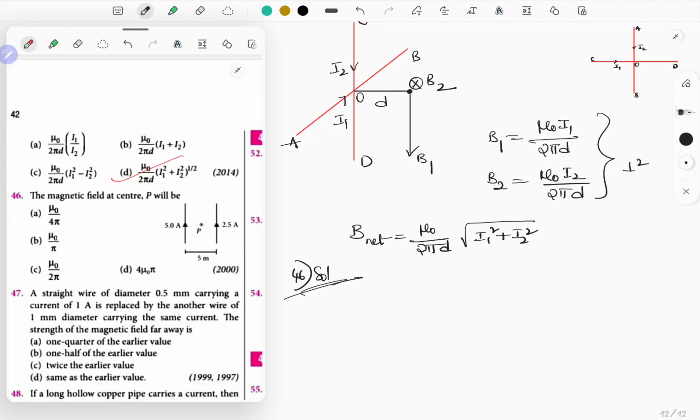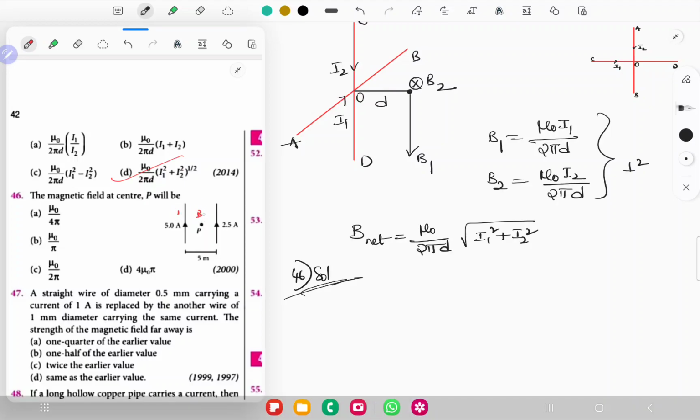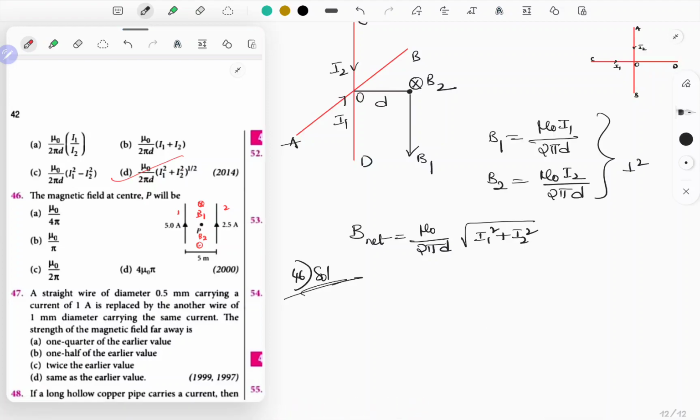Magnetic field at the center. Okay, these are long straight wires. If you observe here, the magnetic field due to the first one is B1, which is into the board. Use the right hand thumb rule. Due to the second one is B2, which is out of the board. And they are asking exactly at the center, right? As the current in the first conductor is greater, definitely B1 is greater. So B1 is equal to mu naught I1 divided by 2 pi d.